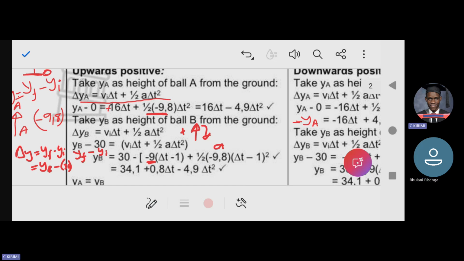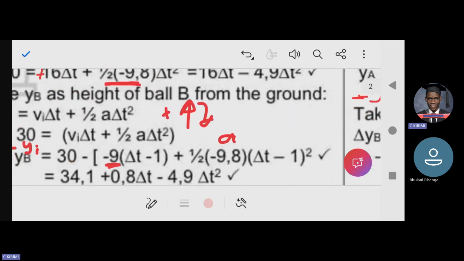Yes, the time was shifted to the right by 1 second. So in terms of the quadratic formula, a shift to the right, do you indicate it with a +1 or a -1?